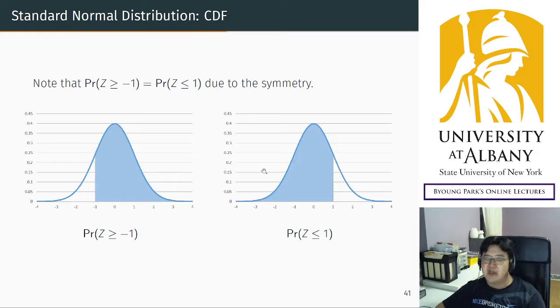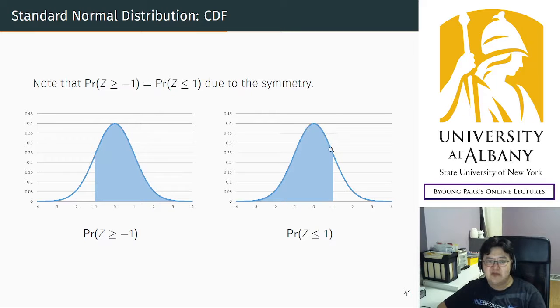Alternatively, another way to answer that question is this. The probability greater than minus 1 is this area. Minus 1 is here, so you have to calculate this area. Now you may use the symmetry of the bell curve. If you take the mirror image, then these two are the same area, same shape, symmetric.